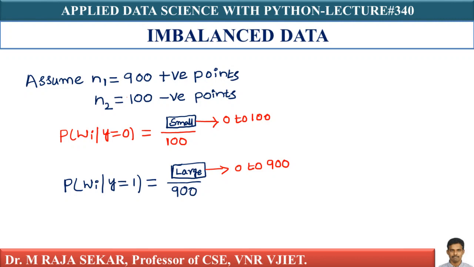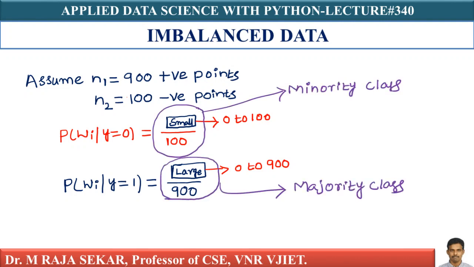So what often happens is, when you compute probability of Wi given y equal to 0 for an imbalanced data set like this, the negative class is the minority class. What is my negative class? It is the minority class, and the positive class is the majority class. In the minority class, the ratio tends to have a smaller numerator than the majority class.